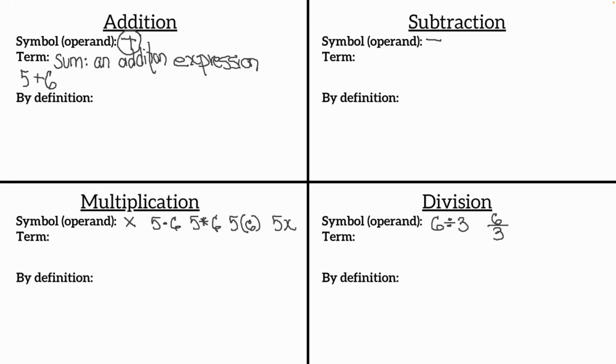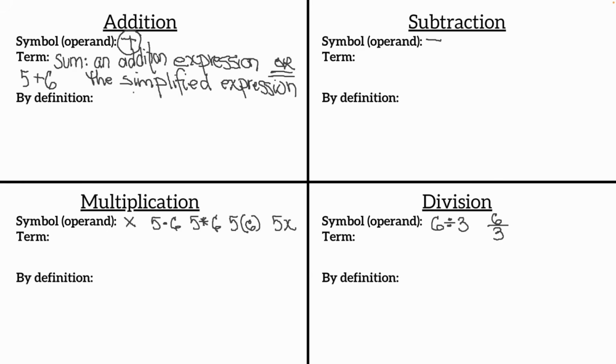This is the sum of 5 and 6. But that's not the only thing that the word sum can refer to. It can also refer to the simplified expression. Simplifying in math just means performing the indicated operation, like doing the math that the expression told you to do. So when I talk about the simplified expression, I'm talking about the output, what you guys think of as the answer.